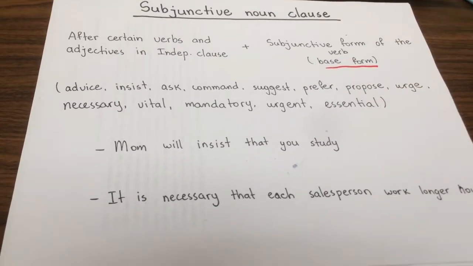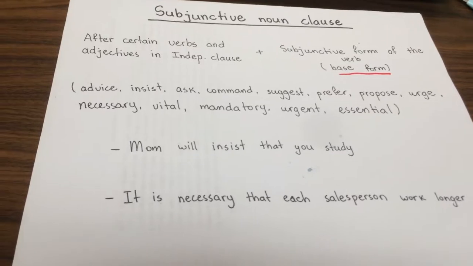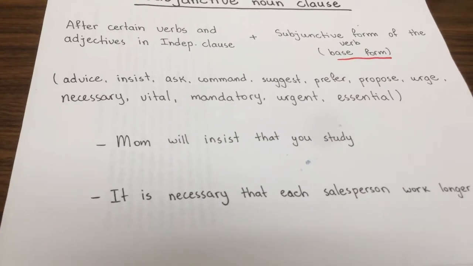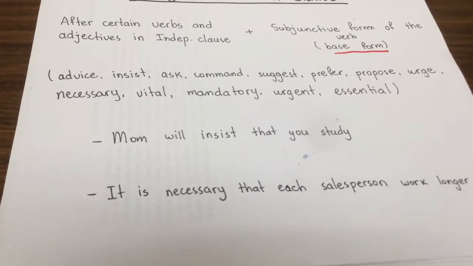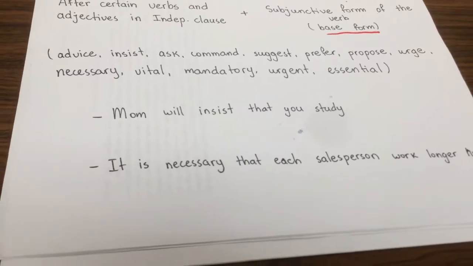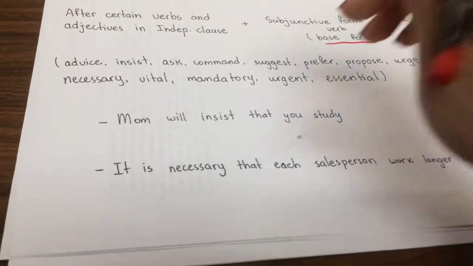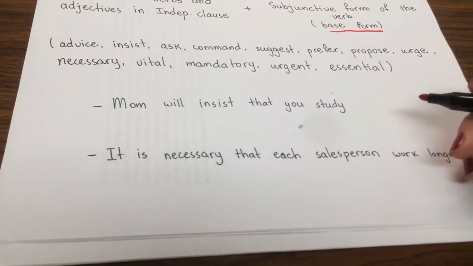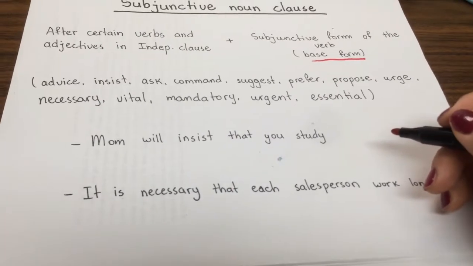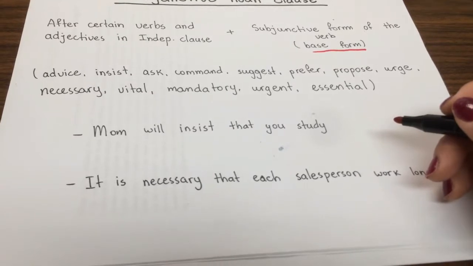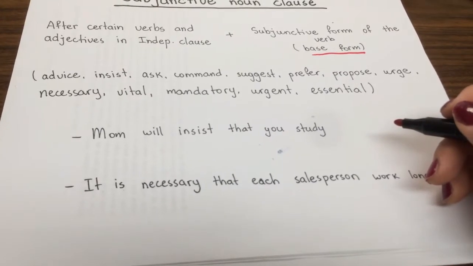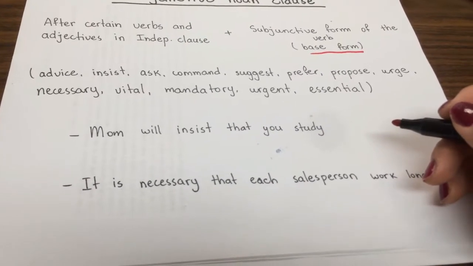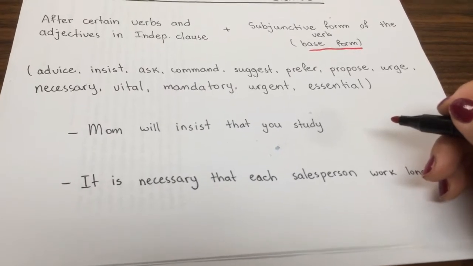Also, we wrote down some other examples of those certain verbs and adjectives. Those are advise, insist, ask, command, suggest, prefer, propose, urge, necessary, vital, mandatory, urgent, essential.